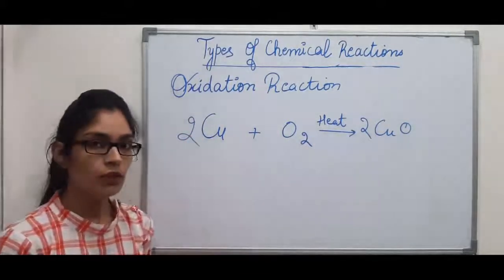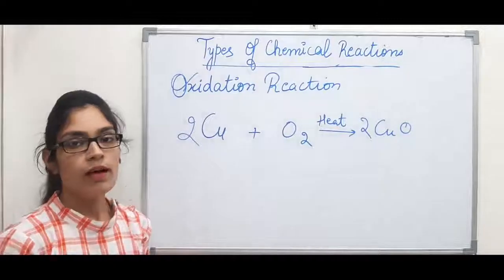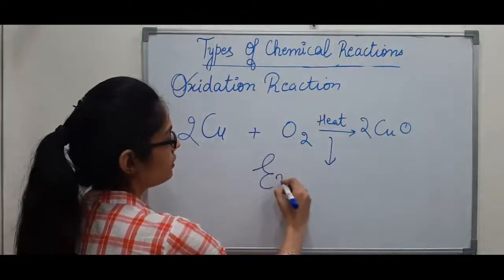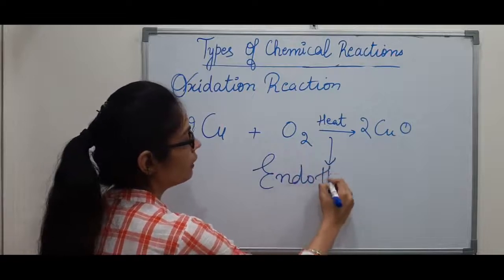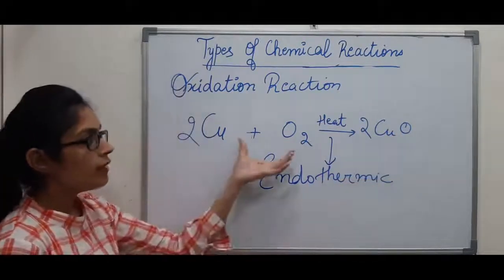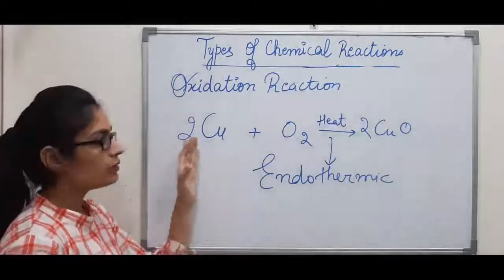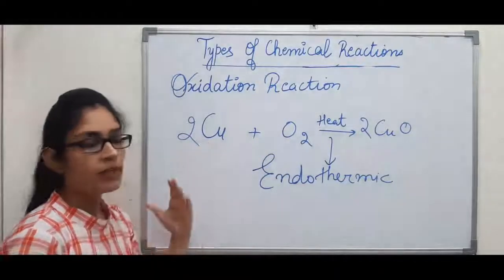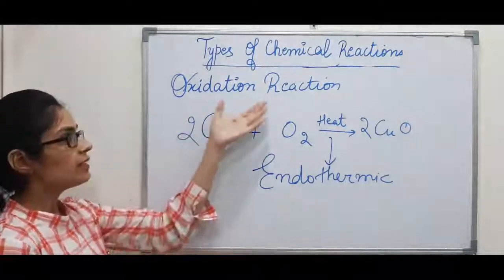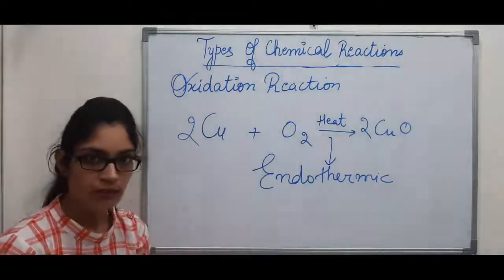The absorption of heat, as we have studied just now, means the reaction is known as endothermic reaction. So within one example I can conclude this is a combination reaction, this is an endothermic reaction, plus this is an example of oxidation reaction also.